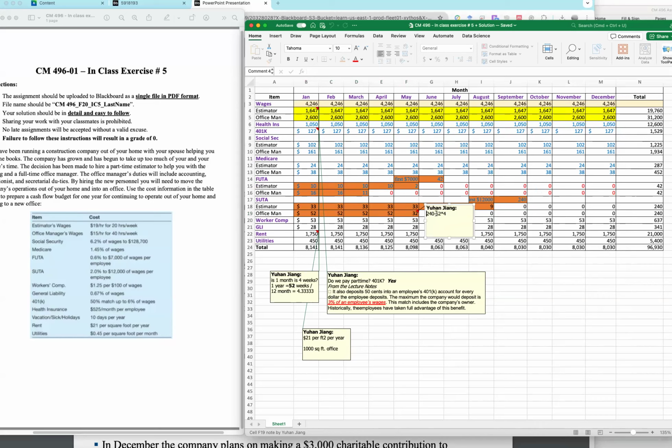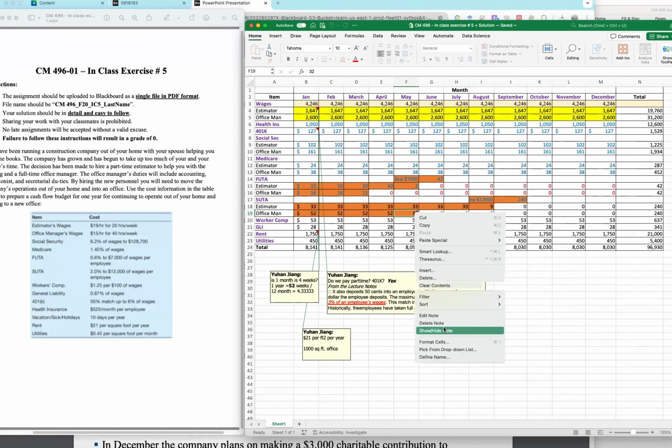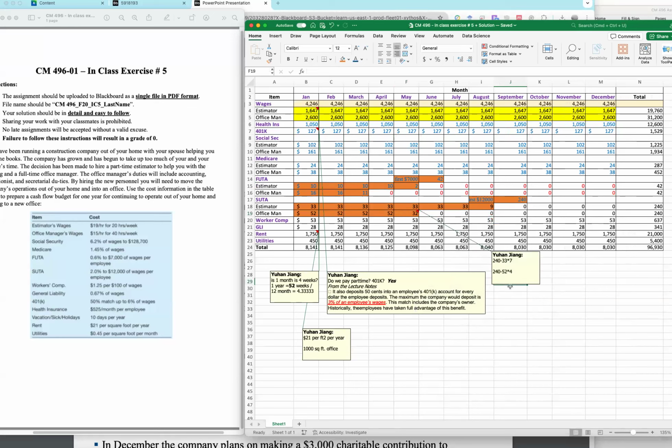And the first one will be 240 minus 33, and times how many? 1, 2, 3, 4, 5, 6, 7, 7. So that is for the SUTA.